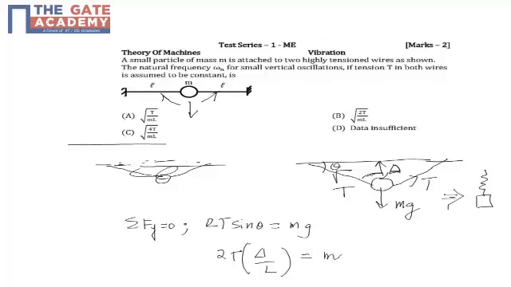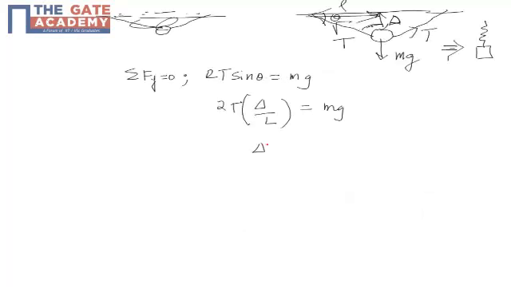The hypotenuse is the same as the initial length, because theta will be small, assuming that tension is very high, and sine theta and theta are the same. So ultimately sine theta is delta by L. And so the static deflection delta is mgL by 2T.